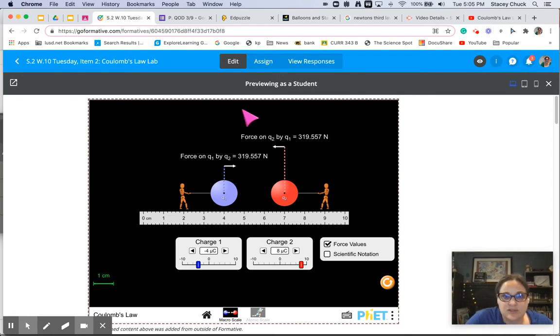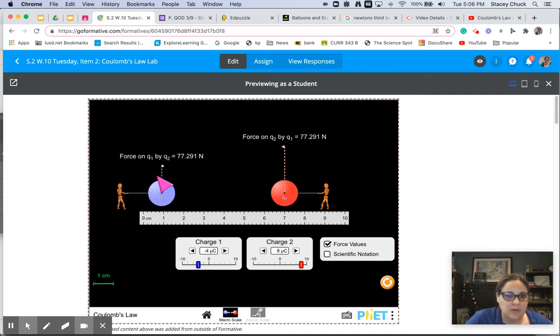I wrote that down just to make sure I don't forget that number. And then I'm going to double the distance. So right now they're at 4 and 7 centimeters, but they are 3 centimeters apart, and that's what's important. So now I'm going to change it from 3 apart to 6 apart. So if this is 4, I'm going to move it back 3. 1, 2, 3.